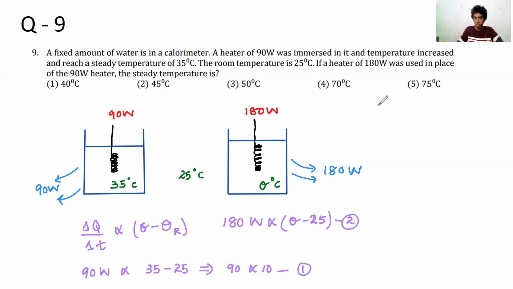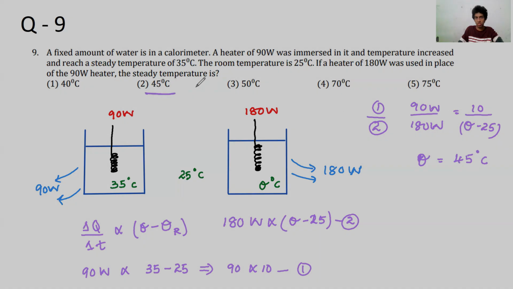When we divide the first one by the second one, we obtain 90 watt over 180 watt is equal to 10 over theta minus 25 Celsius. When you simplify this, you will obtain theta as 45 degrees Celsius. So the correct answer is the second one.